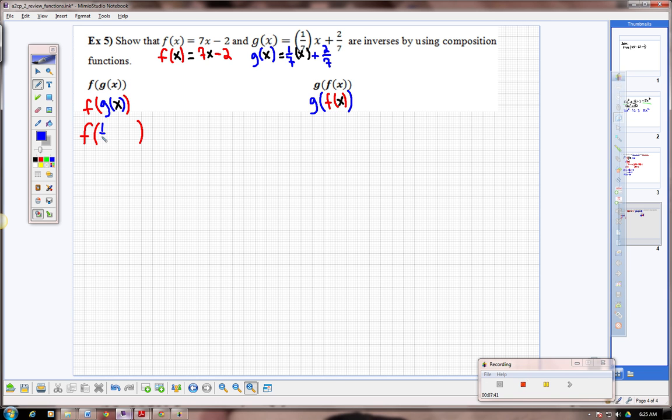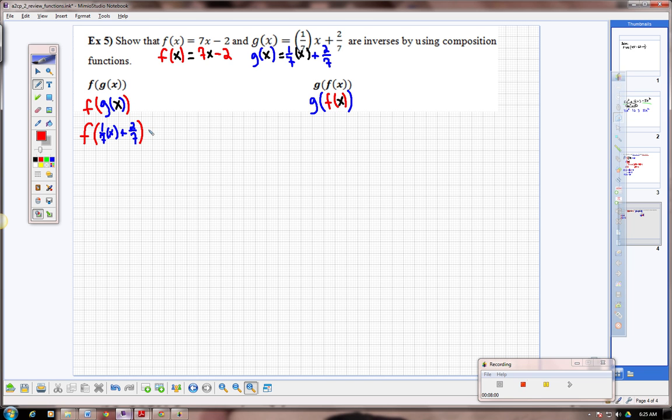1/7 of x plus 2/7. Yes, some fractions. I know you're very happy about this. So I go back, and remember, I'm plugging in that blue quantity every place I see an x in function f.